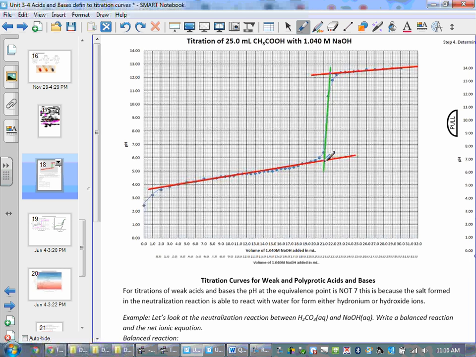The reason why we do that is because now we want to measure the midpoint of this line, literally taking a ruler and finding the halfway. And what do you think that halfway point is?